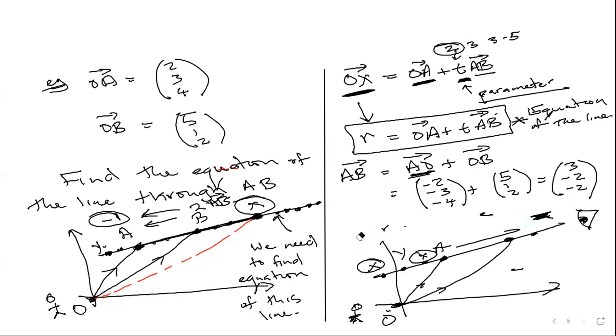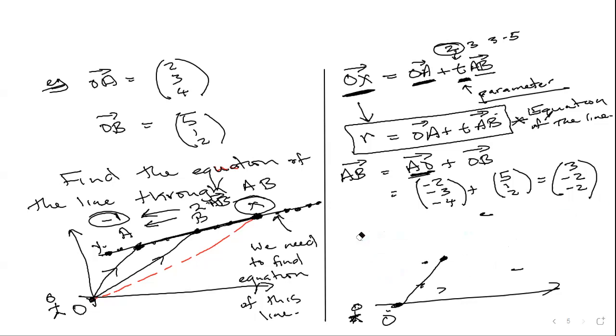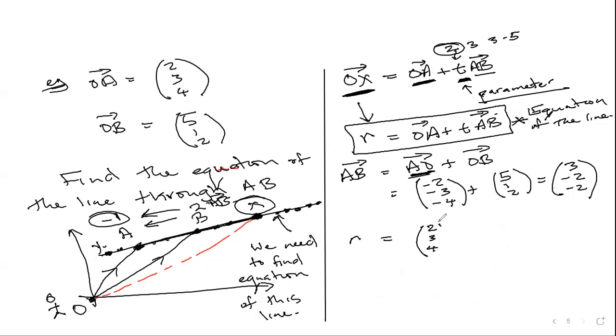All right. So now, let's finish the problem. AB is (3, -2, -2). So my equation is R equals OA, which is (2, 3, 4), plus T times (3, -2, -2). Any value I put in for T will carry me somewhere along the line, so the line is represented.